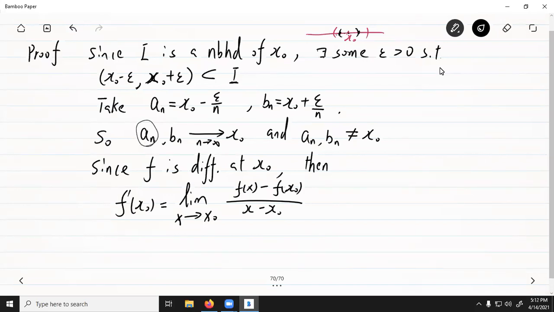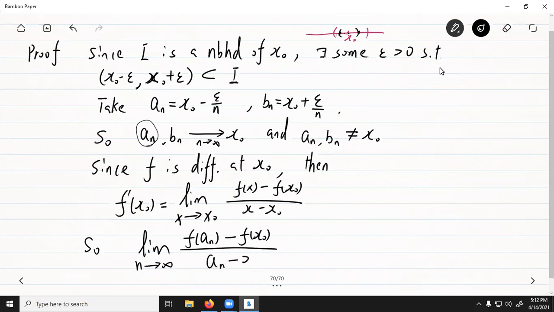So we have the limit as n approaches infinity of f of An minus f of x0 over An minus x0.